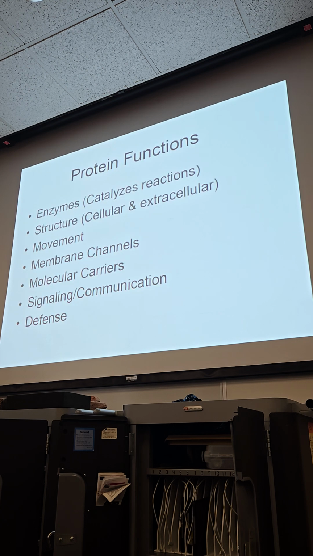What are proteins? Everything. Proteins do all the function, okay? So they're going to make the enzymes. That's what we're going to construct today. They give you your structure. They allow for movement, okay? Actin and myosin as your proteins. Membrane channels, molecular carriers, signal molecules, everything down to your hemoglobin.